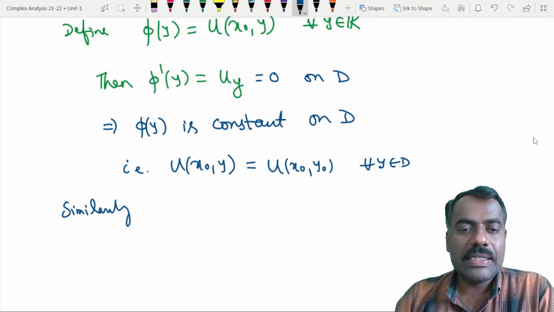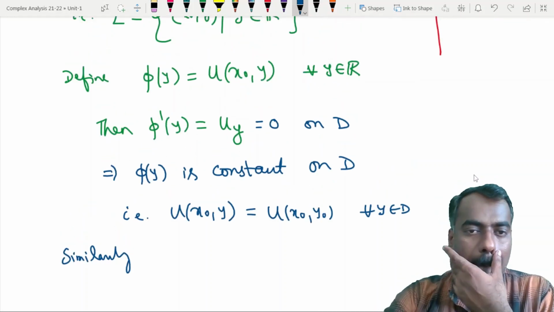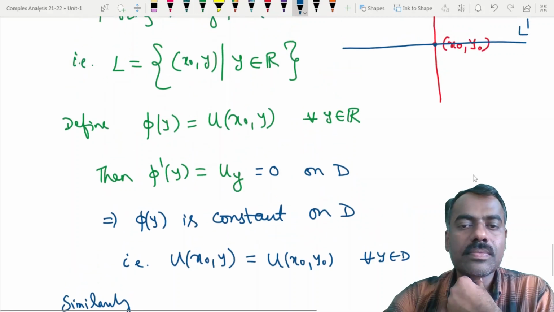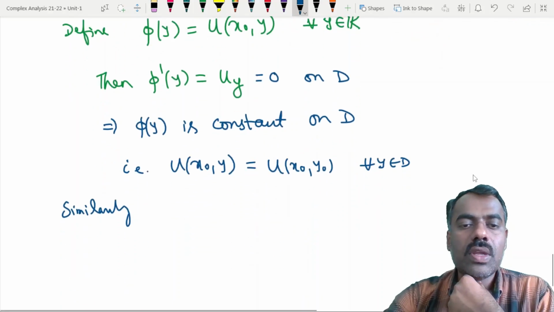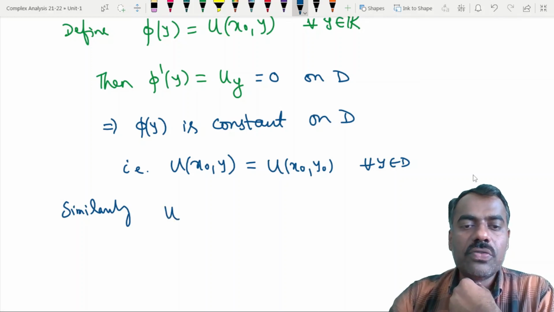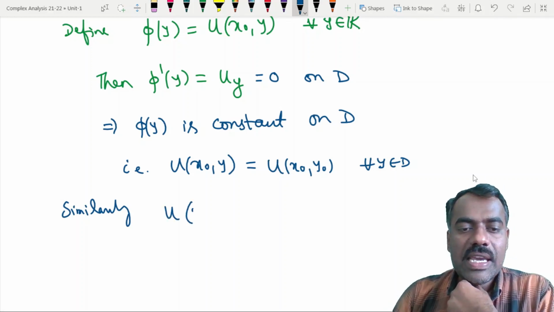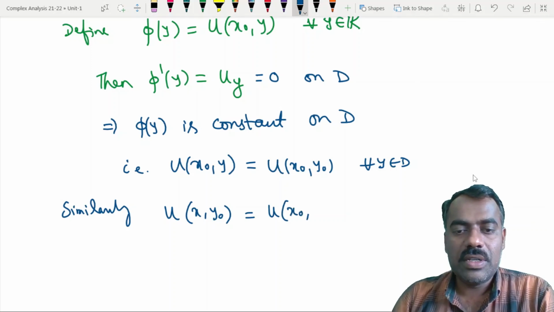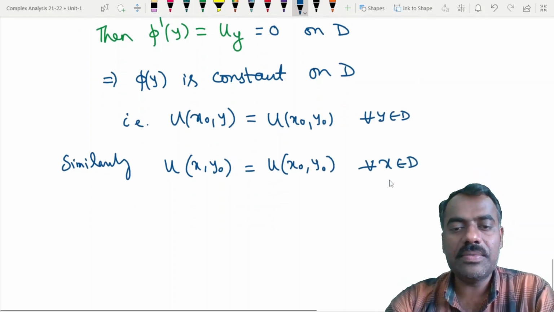So what we will get? u of x comma y naught is equal to u of x naught comma y naught for all x belongs to D. Is this clear?